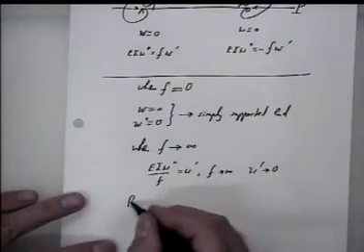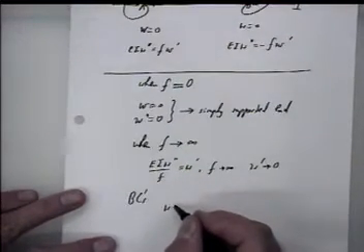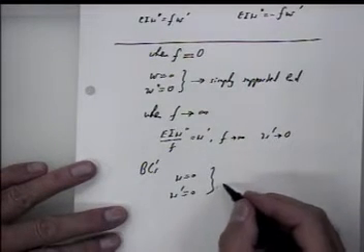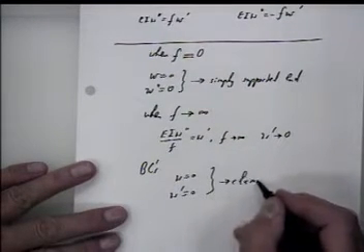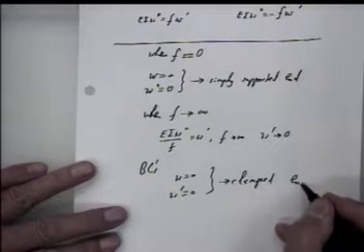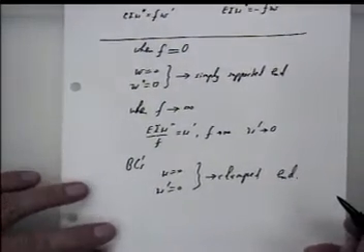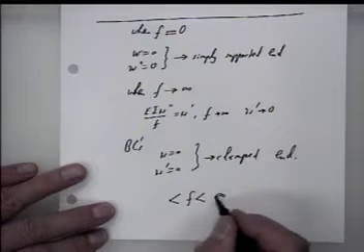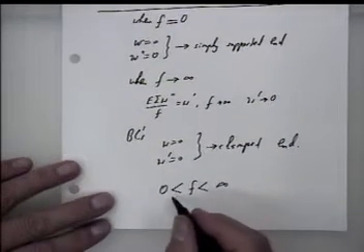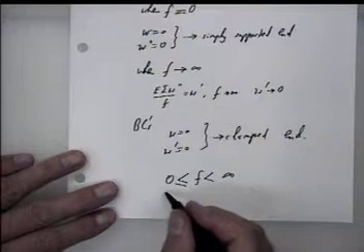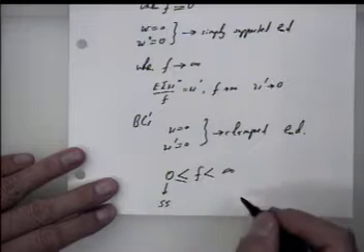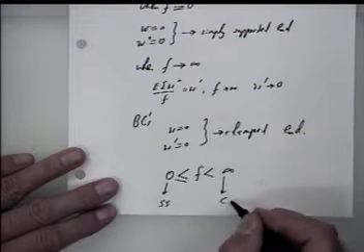So boundary conditions are W equals 0 and W prime equals 0, and that is a clamped end. So F varies between 0 and infinity, and at this end we have simple support, and here we have clamped support.